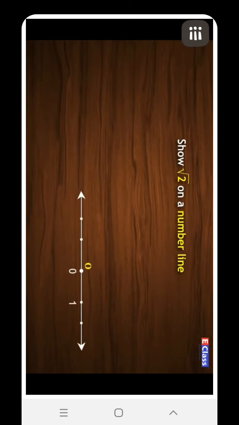On a number line, the point A shows the number 1. Draw line L perpendicular to the number line through point A. Take point P on the line L such that segment OA is equal to segment AP, which is equal to 1 unit. Draw segment OP.